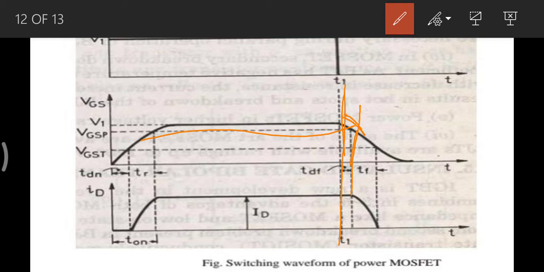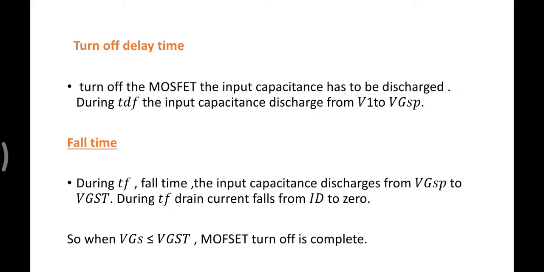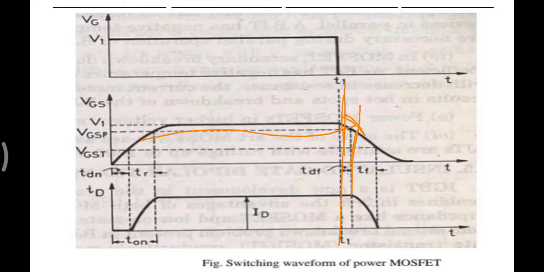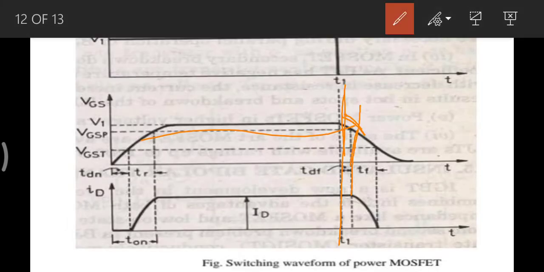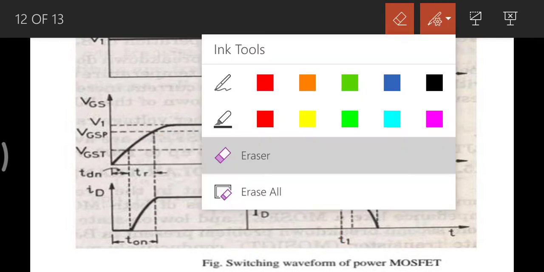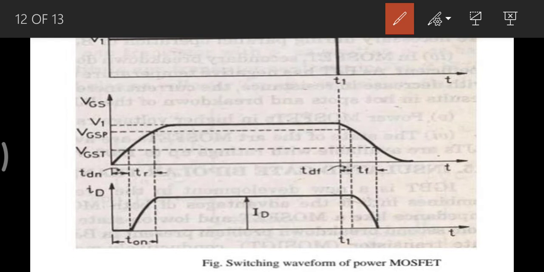After that, fall time. So what is a fall time? During fall time, the input capacitance discharges from VGSP to VGST. During fall time, the drain current falls to 0. What is fall time?